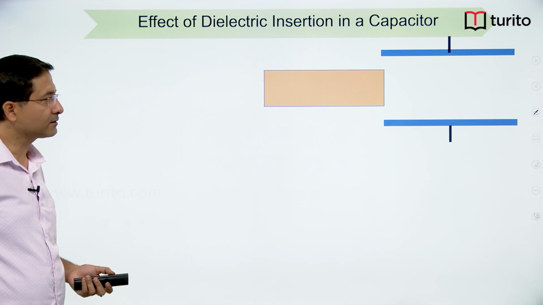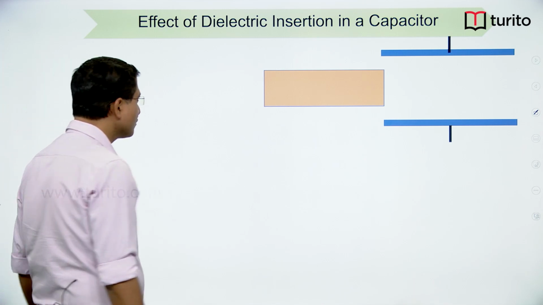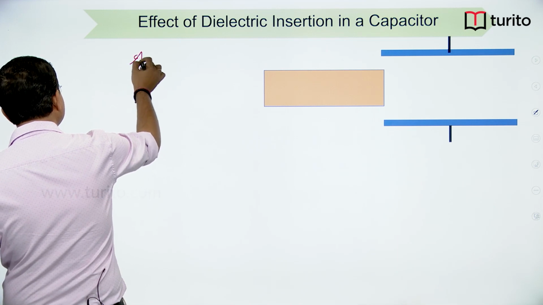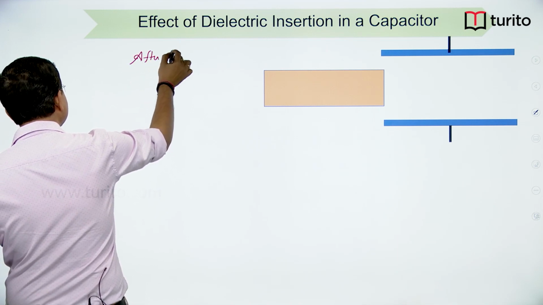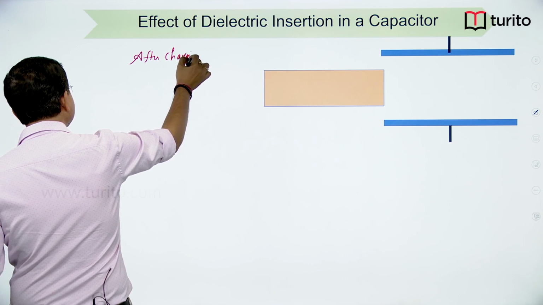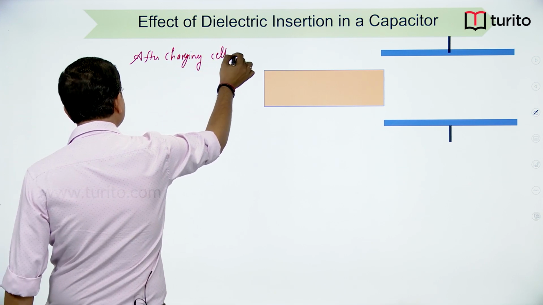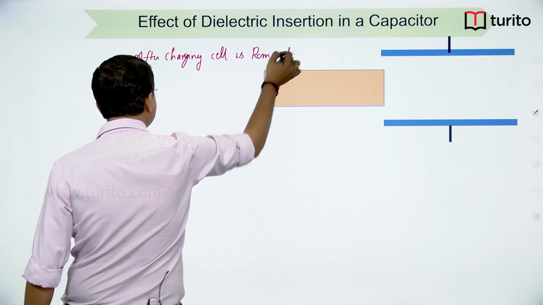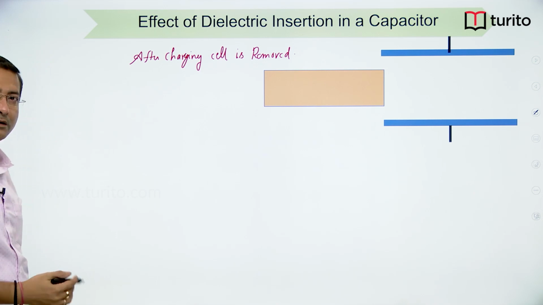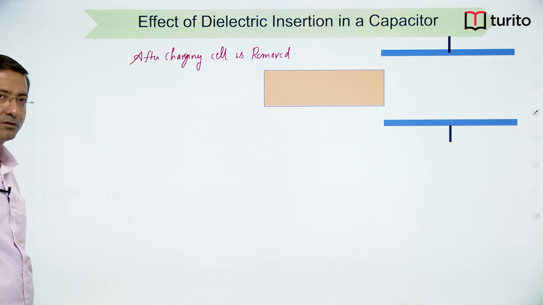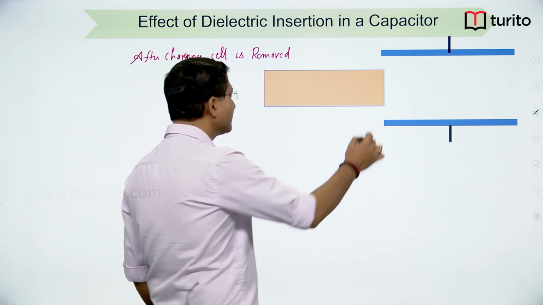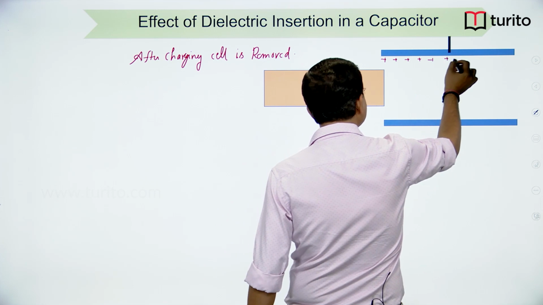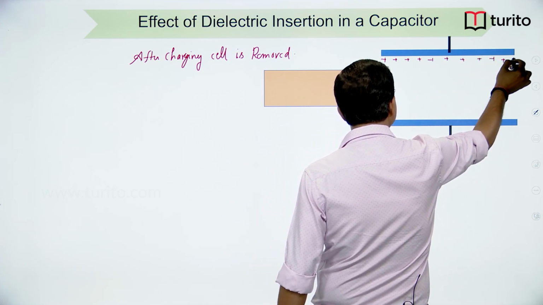So the first situation is I have an isolated capacitor. After charging, the cell is removed. So we charge the capacitor and the cell is removed. Once we charge the capacitor, there will be charge appearing on the inner surfaces this way.